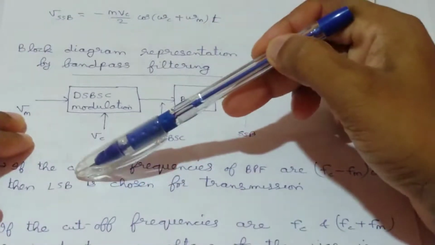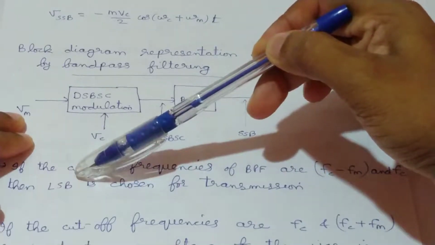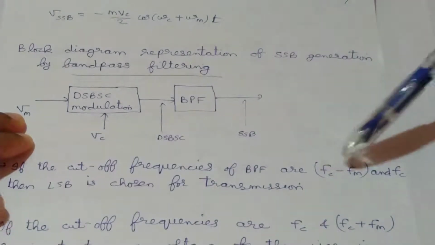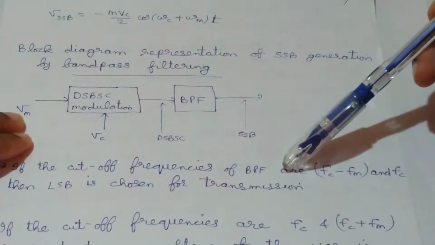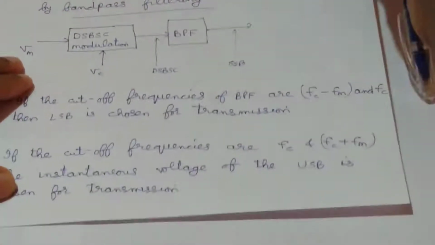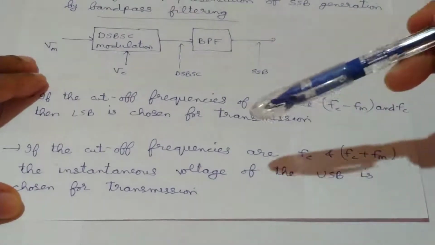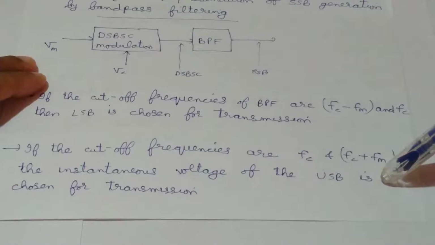Our lower sideband component is from FC minus FM to FC. So if the cutoff frequencies of this band pass filter are FC minus FM and FC, the lower sideband is chosen for the transmission. And if the cutoff frequencies are FC and FC plus FM, then the upper sideband is chosen for the transmission.